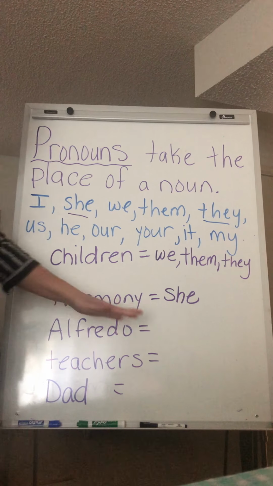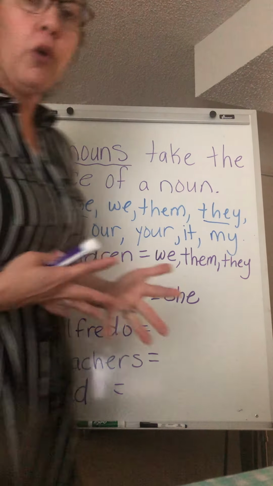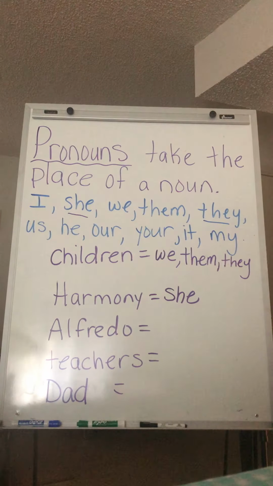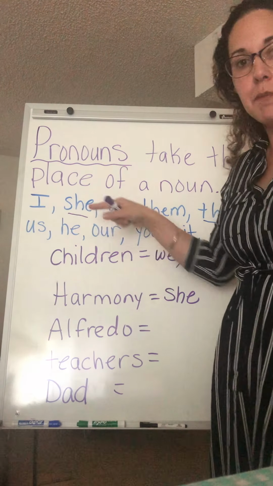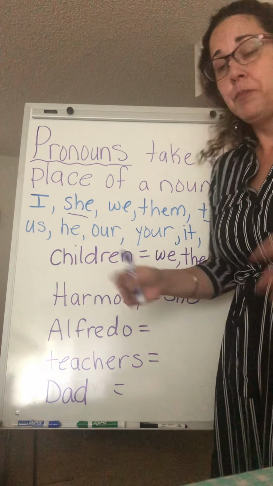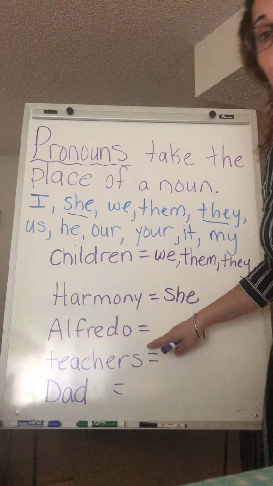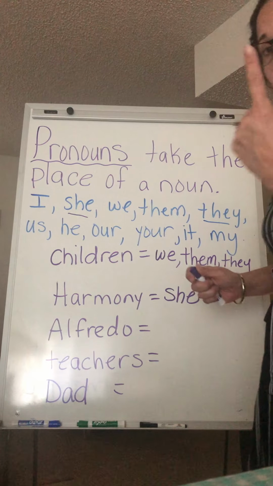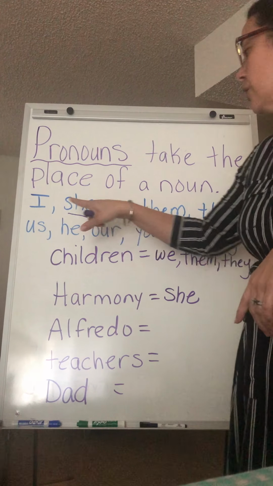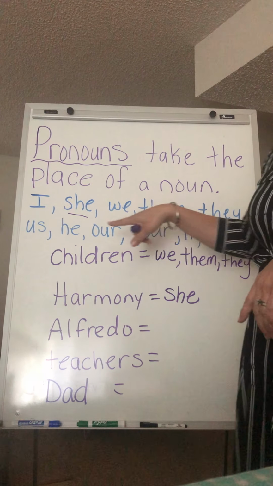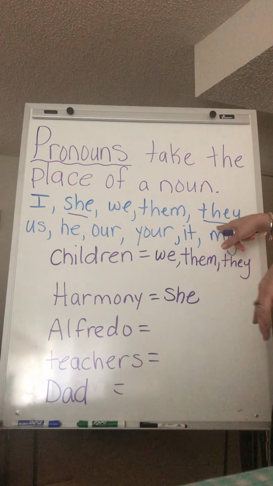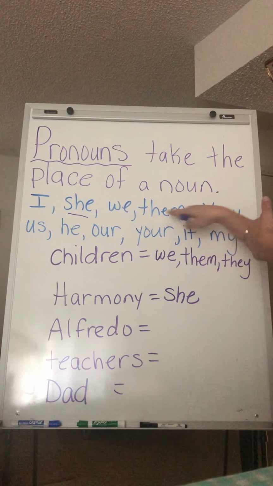Okay? What about Mr. Alfredo? Alfredo is a boy. So I would not use the word she because Alfredo is a boy. So what word would I use if I was talking about Alfredo? There's only one Alfredo, right? There's only one of you. So I would not use the word they or them because that would tell me there's more than one.